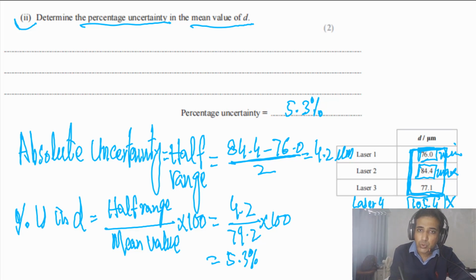You need to ignore this one when you calculate half range. If one or two values are totally different from the rest of the data, you can ignore them when you calculate half range. This point is very important. Next time they can give you data and ask you to calculate half range, so you have to ignore this value.